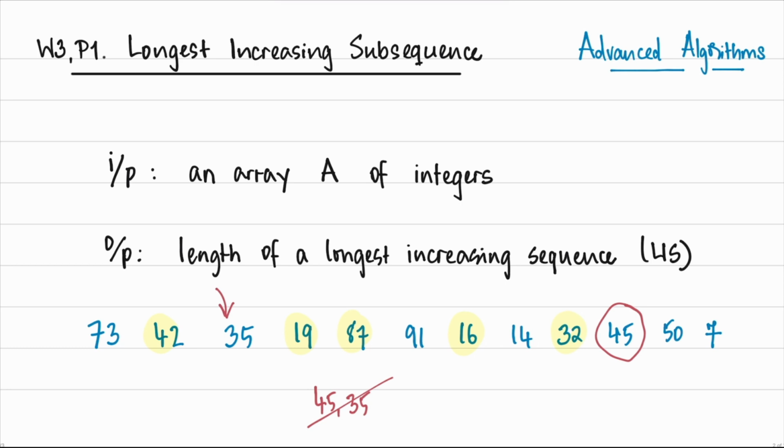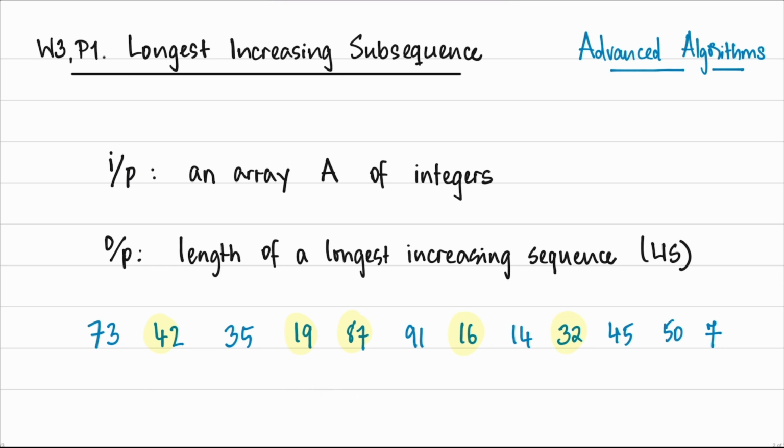So even though both of these numbers are present in the array, it's not considered a subsequence. Okay. Now the array could have repeated elements, so if there was another 35 sitting up front, then this would have worked. But since that's not the case in our example, this is just to emphasize what a subsequence is not.